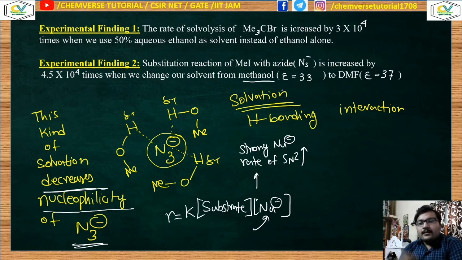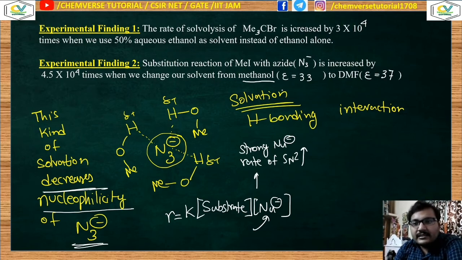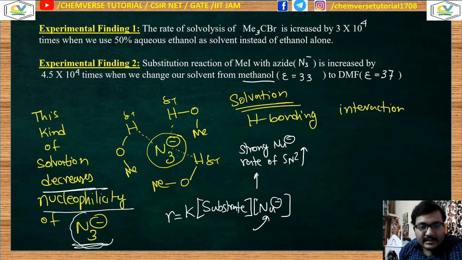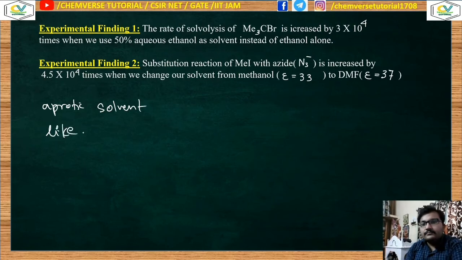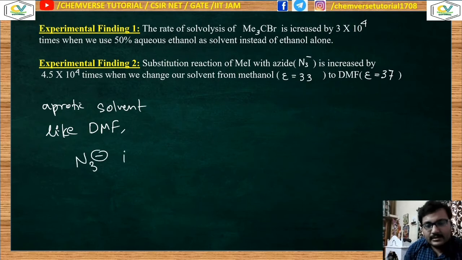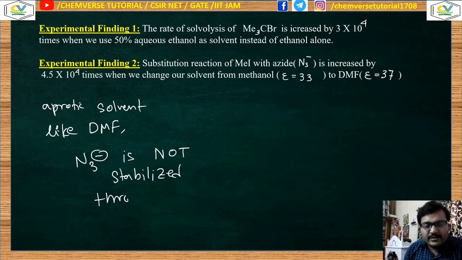But for DMF, which is basically a polar aprotic solvent, the azide anion is not suitably solvated. So in the case of an aprotic solvent like DMF, N3 minus is not stabilized through solvation.